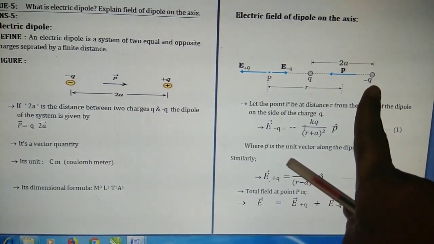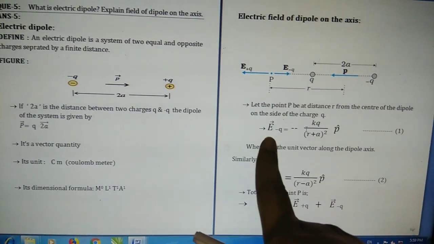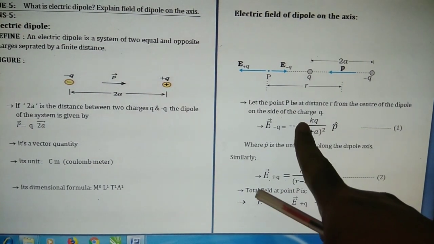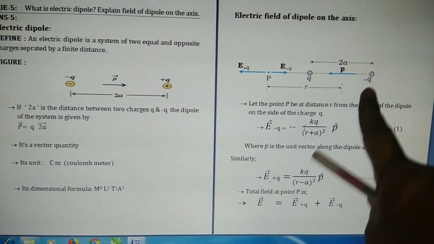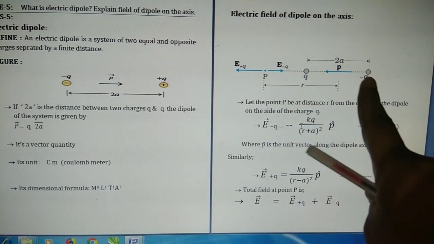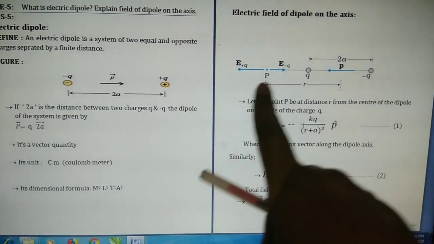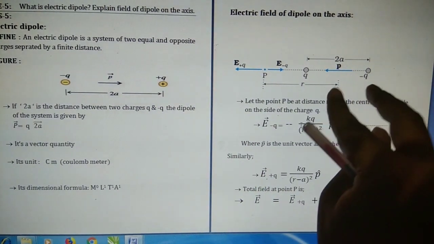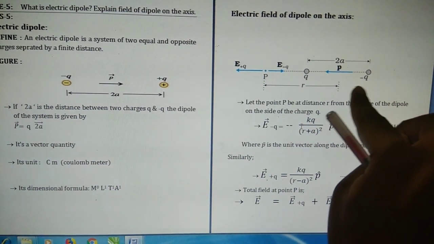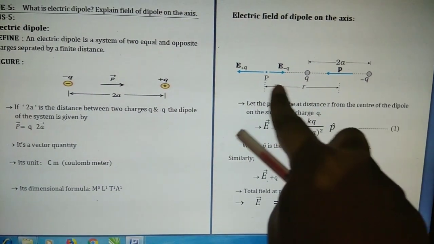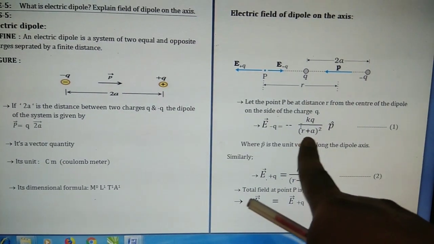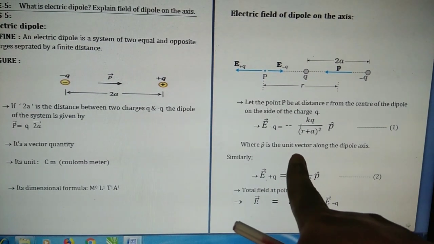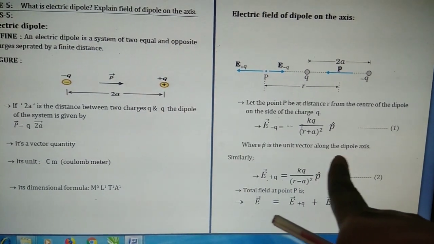So the electric field due to the negative charge is minus kq upon (r plus a) whole square, since the distance from the negative charge to point P is r plus a, times p cap, where p cap is the unit vector along the dipole axis.